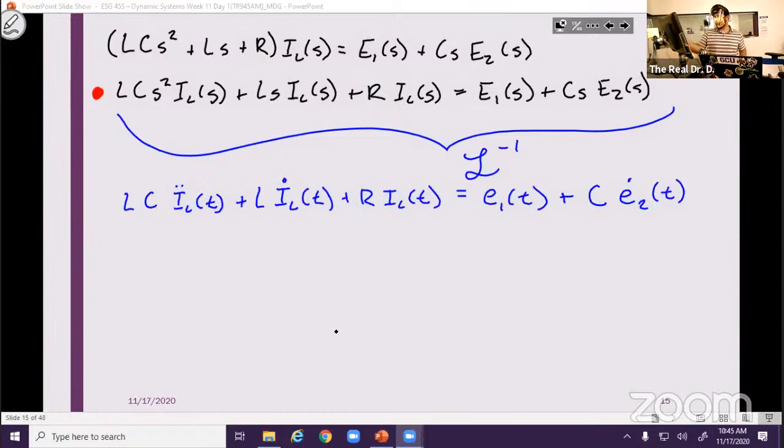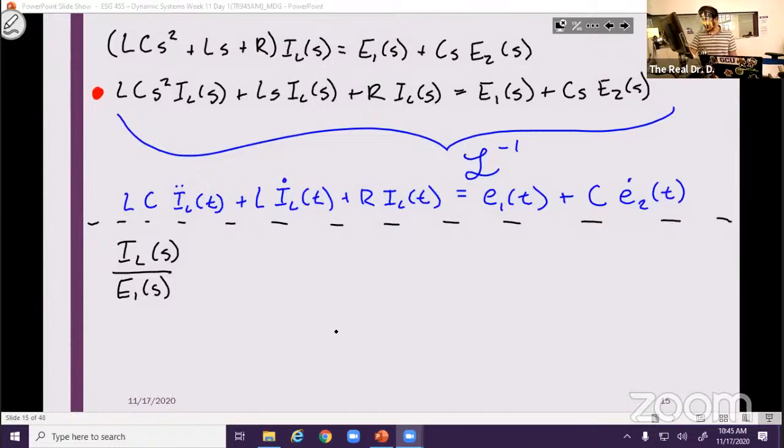There are two transfer functions that we can get for IL: IL of S over E1 of S, and IL of S over E2 of S. These are my input-output pairs for I sub L. Remember, the transfer function is the ratio of my output to my input.